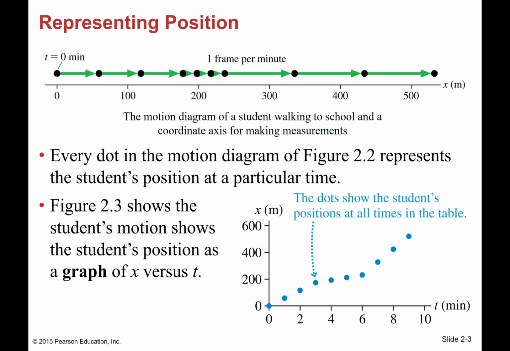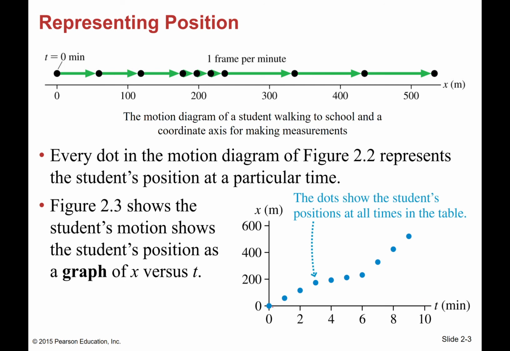So you can see there is a constant velocity from this point to this point, then it slows down from this point to this point, and then it goes faster from here all the way to the end. So how do we transfer this motion, given by this motion diagram, to a position versus time graph?